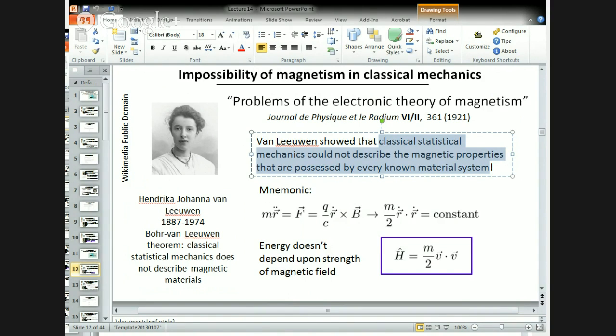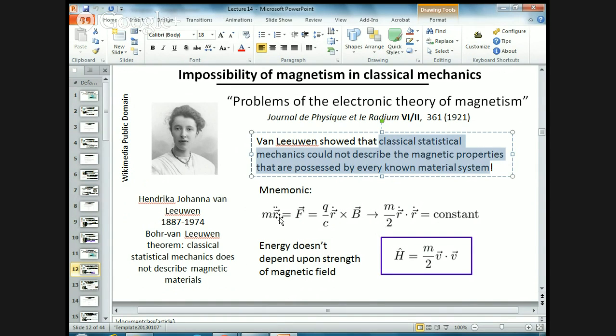So the statistical mechanical theory of matter, which had been so successful in predicting thermal properties and all these things, a wonderfully successful theory, could not possibly describe magnetism at all. We're going to see why that is in a moment.